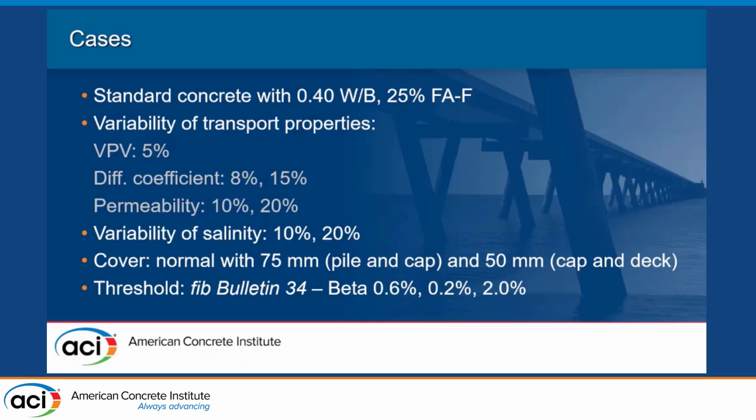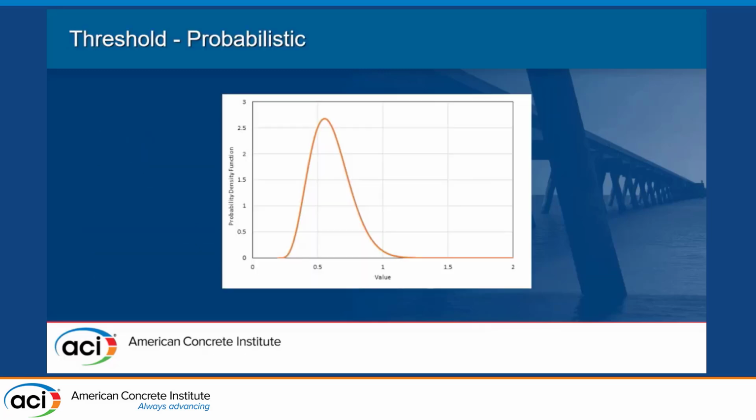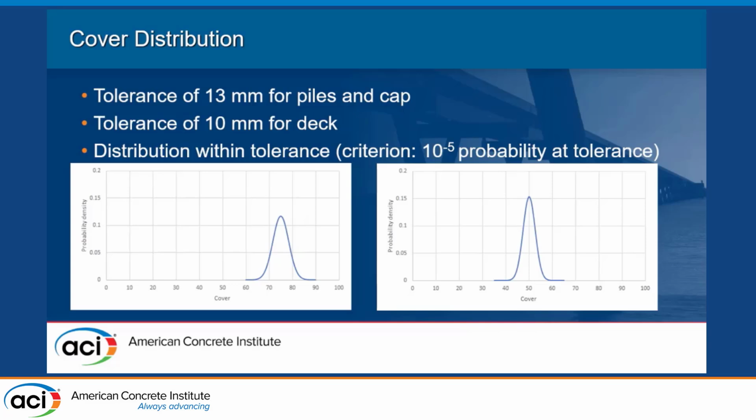I'm not going to discuss the validity of these results here, but that's something that people can refer to, and it's widely used, so I just took that value. It looks like that, by the way. The parameters you have earlier give a threshold distribution like that. And for the cover, you have a distribution that may look like that.